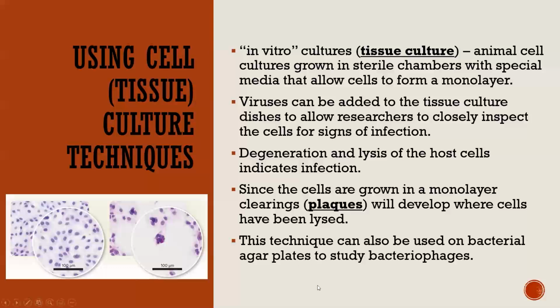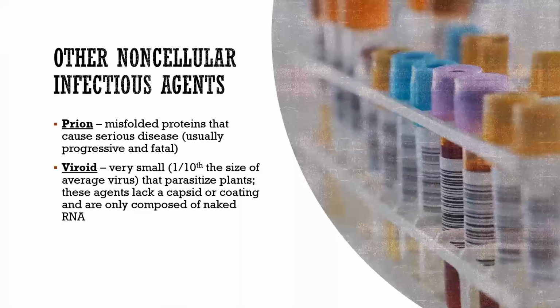This technique can also be used to study bacteriophages. So you can study and count the number of plaques on a mammalian cell culture dish, or you could grow bacteria on agar, add the virus, and you could see how many plaques there were for a bacteriophage.